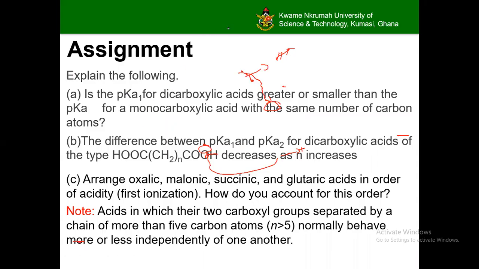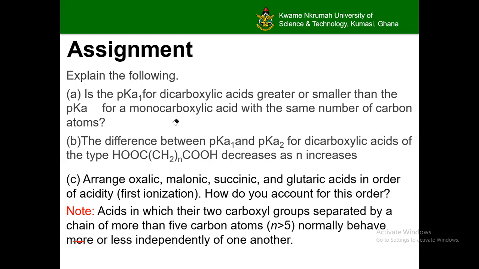Now, assignment for us to solve. We have to explain the statement. Is pKa1 for dicarboxylic acid greater or smaller than pKa for monocarboxylic acid? So explain. They are asking us if that is the case.